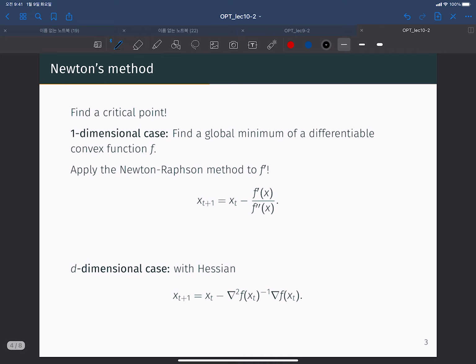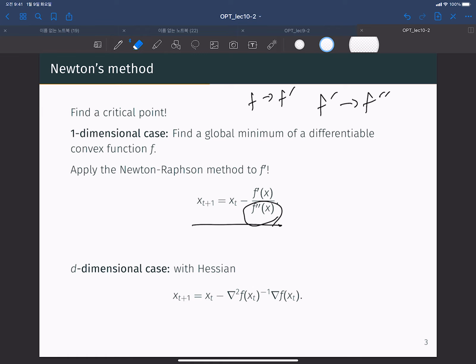So Newton's method can find a critical point when you replace f with f prime and f prime with f double prime. So we have this: x_{t+1} is equal to x_t minus f prime(x_t) over f double prime(x_t). For the d-dimensional case, instead of just f double prime, we have to use the Hessian matrix because the Hessian is the second order gradient.